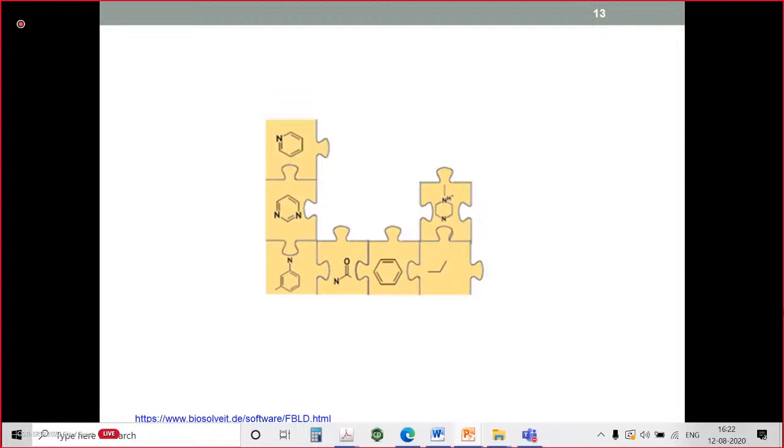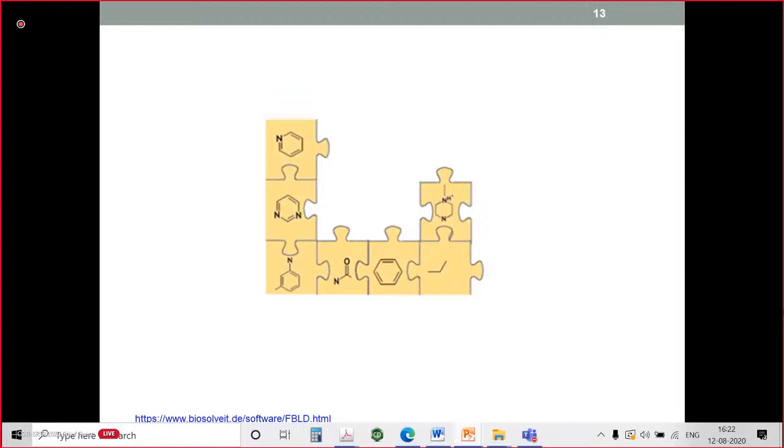Or, if we are using experimental-based drug design, then characterization is the important part, and that is done on the basis of NMR, IR, to find out the dissociation constant of a particular fragment or molecule at the binding site for a better comparison.